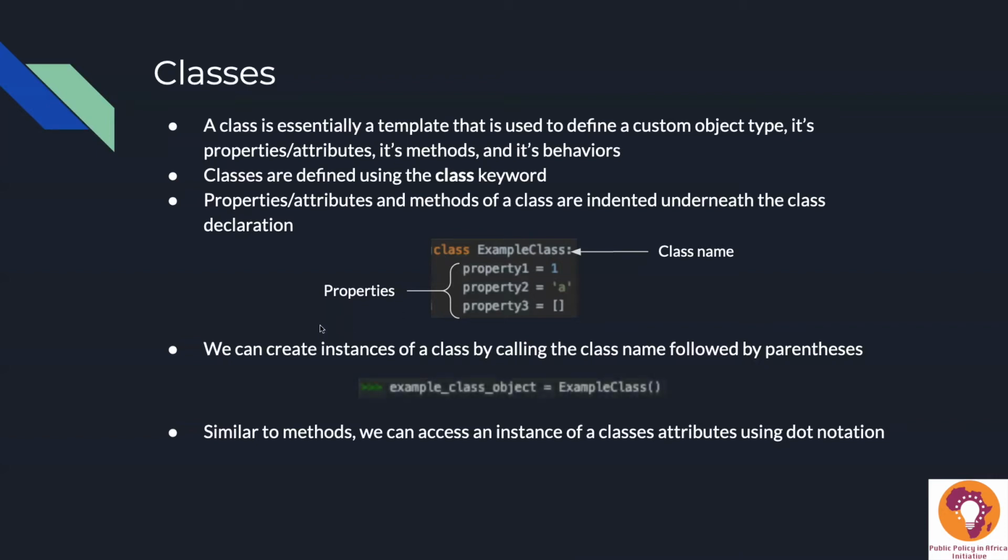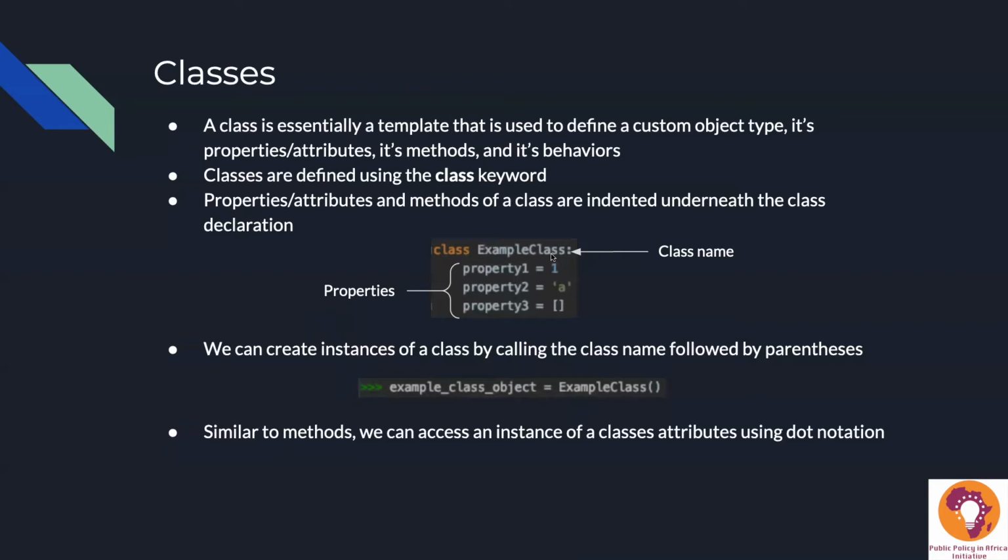We can create instances of a class by calling the class name followed by parentheses. As we saw in the previous slide, I had an example class object, and the way I created that object was with this line of code right here. I'm creating an example class object variable, and stored inside that variable, using the assignment operator, I'm assigning it to an instance of the example class.